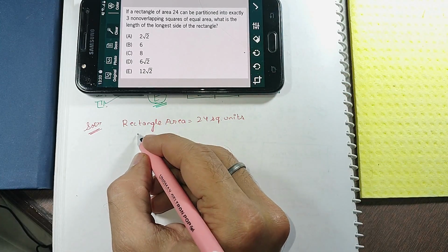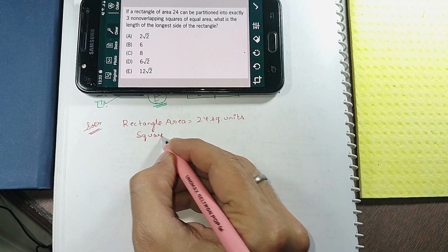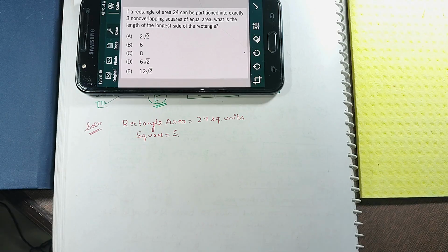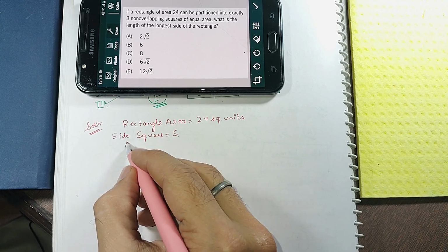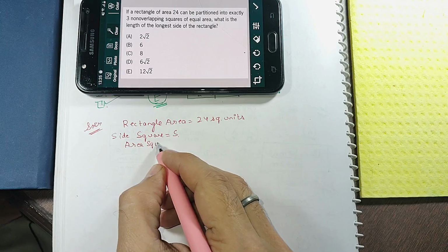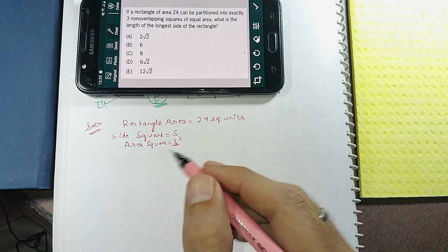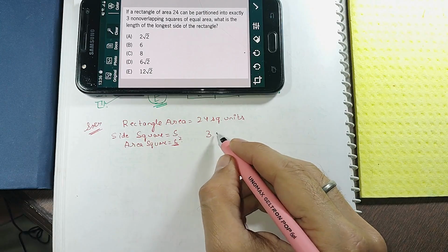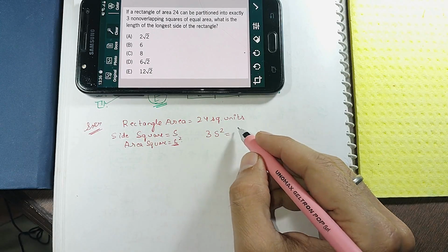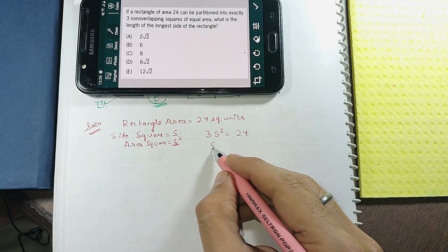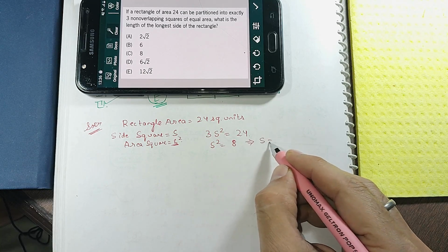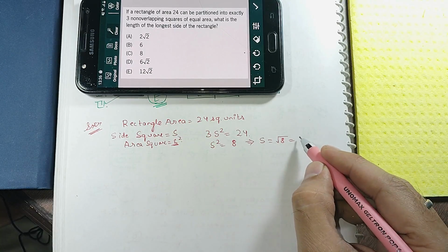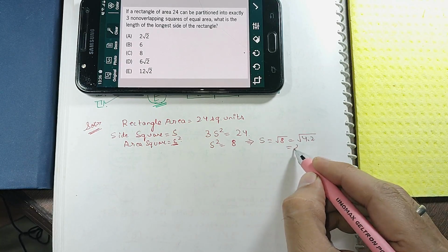Let the side of each square be S, so the area of each square is S squared. There are 3 squares, so 3S squared must equal the area of the rectangle. So S squared equals 24 by 3, which is 8, or S equals the square root of 8, which is the square root of 4 times 2, which is 2 root 2.